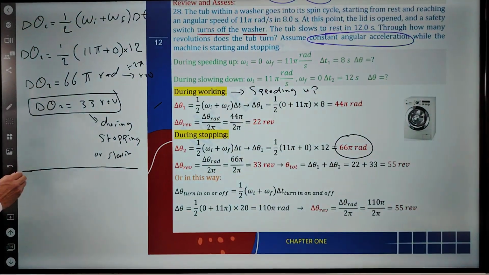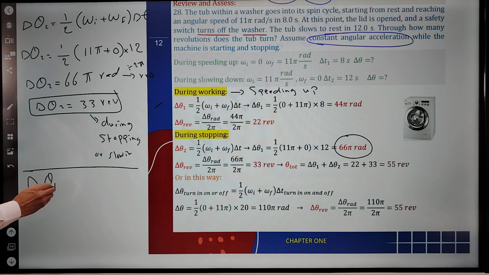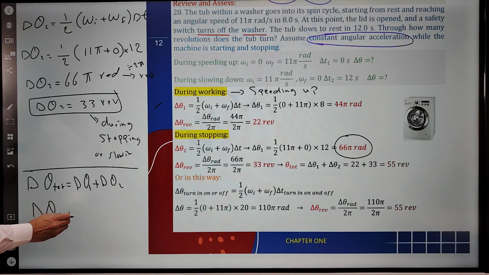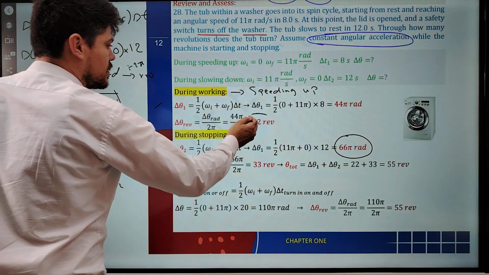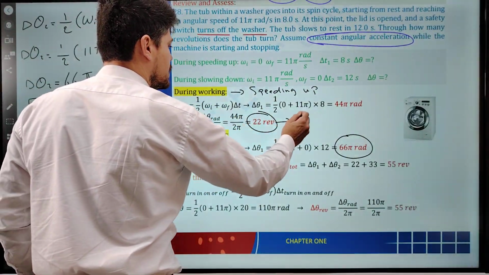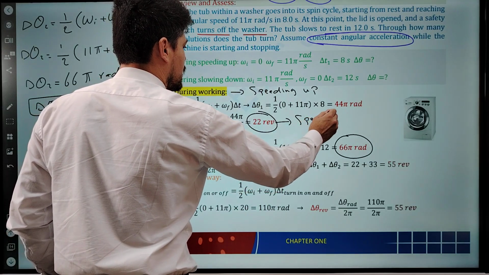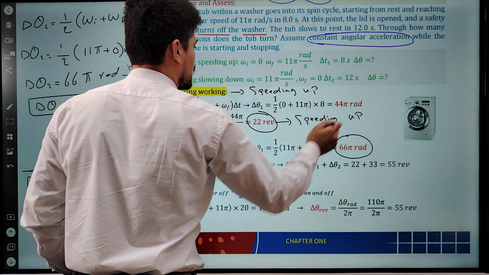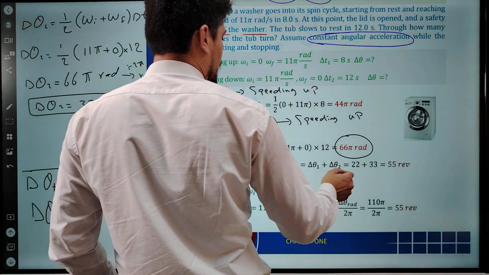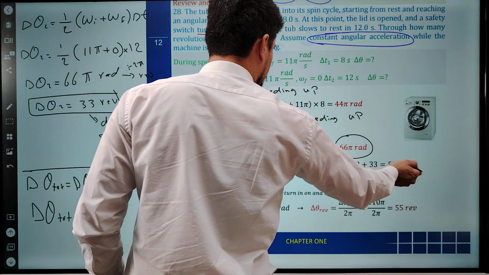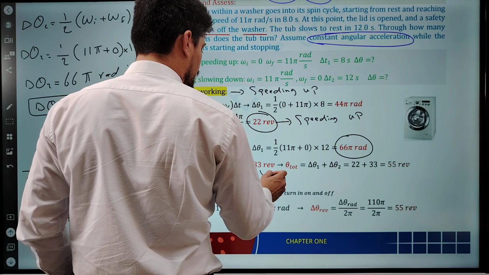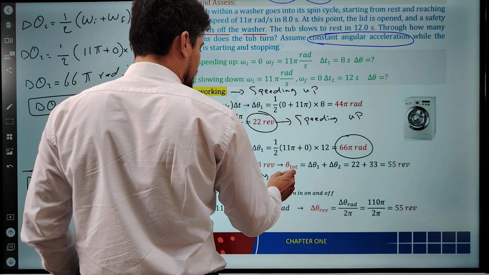So that is why theta total is unknown. Theta total is equal to what? Theta 1 plus theta 2. Theta total is equal to 22, which we found for the first case during speeding up, plus 33 rev, which is during slowing down.